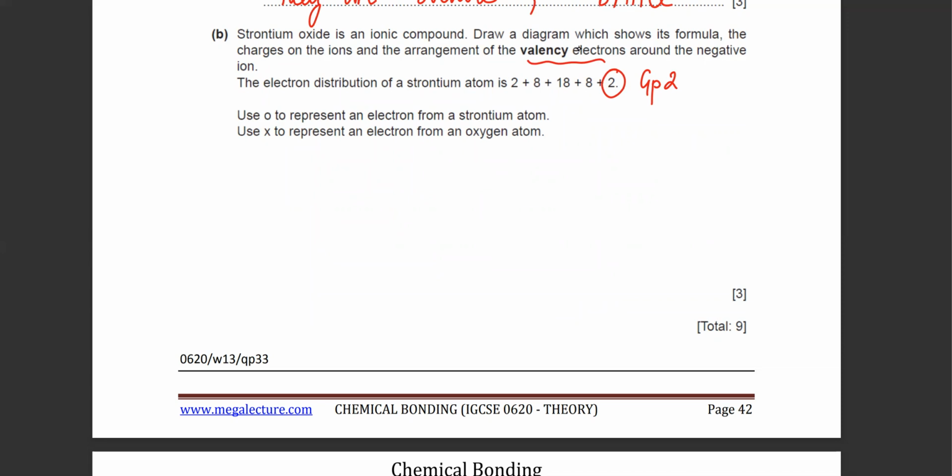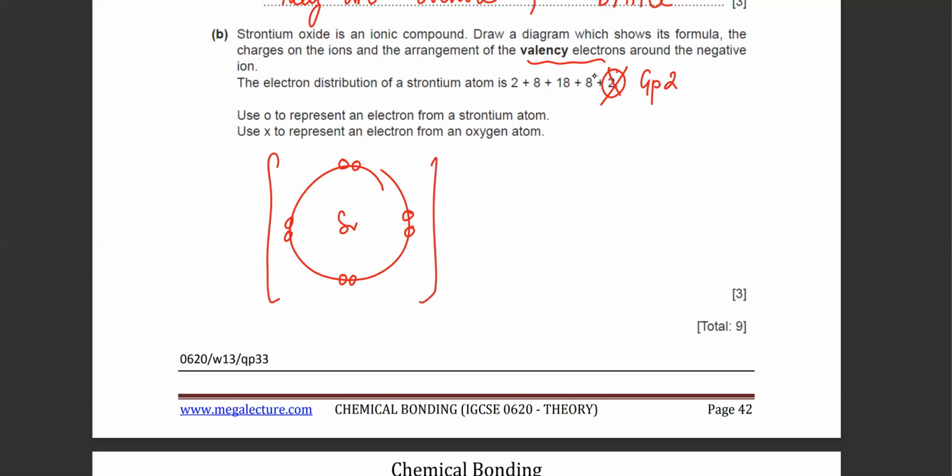How many electrons would strontium lose? Two. So if it loses 2 electrons, the valence electrons are now 8. So you're going to write strontium and draw 8 electrons around it. What will be the charge on strontium? Positive 2. And remember, it's an ionic compound because strontium is group 2 and oxygen is in group 6.